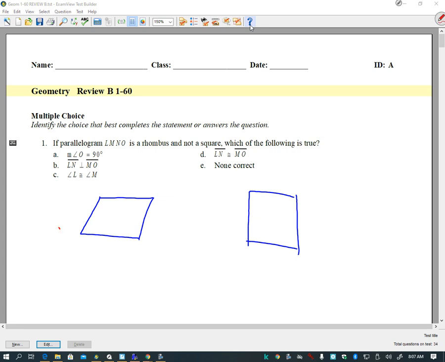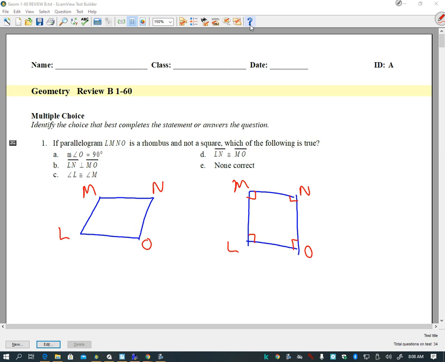So L, M, N, O, L, M, N, O. What makes a square a square? 4 right angles would be what we would be looking for here. That all does is make it a rectangle. I need another bit of information before I can say that that's a square.